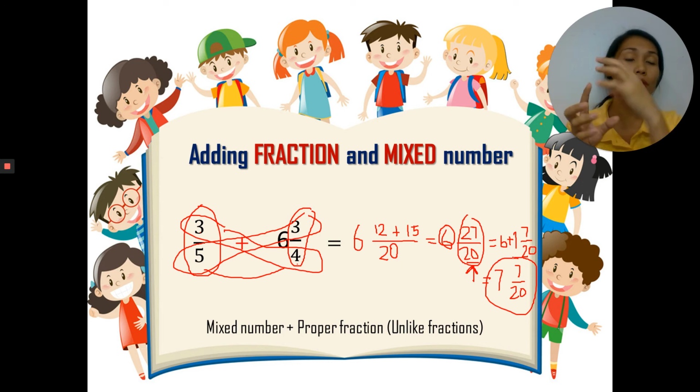Either convert the mixed number to improper and then add, or separate the whole number and add the fractions only. In here, we used separating the whole number from the fractions, and then we got this answer here. Do not add the fraction to the whole number right away.